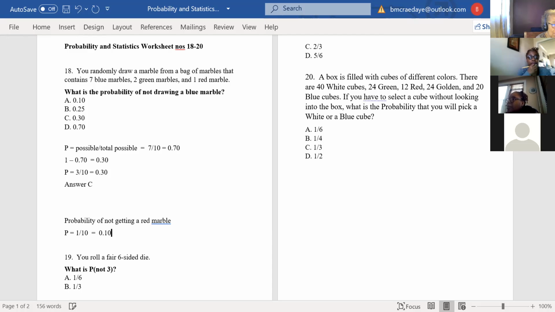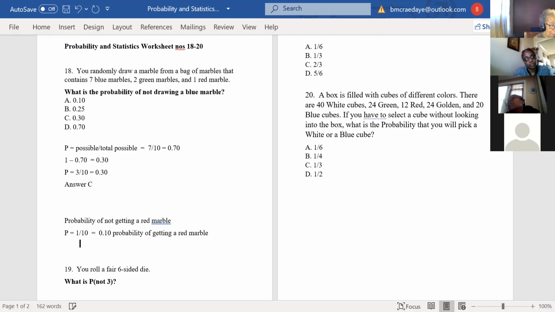0.10. Now, remember I said you can subtract that from 1 and that gives you the probability of not getting a red. So that's the probability of getting a red marble. Okay, now what's the probability of not getting a red, Vanessa?